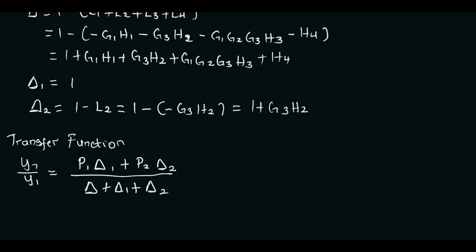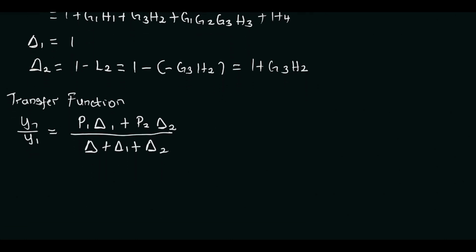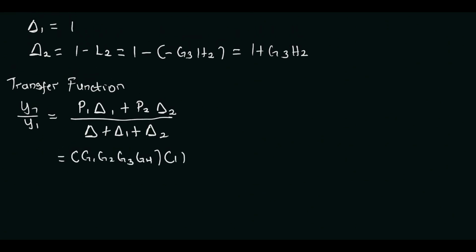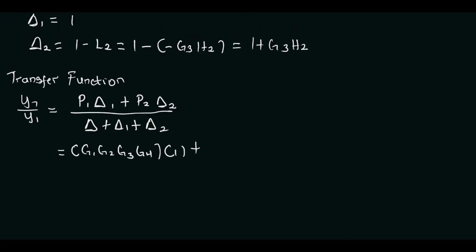Okay. Now that we have this, we can substitute. For P1, we have G1, G2, G3, G4, and our delta 1 is 1. Plus, what's our P2? G1, G5. And our delta 2 is 1 plus G3 H2.